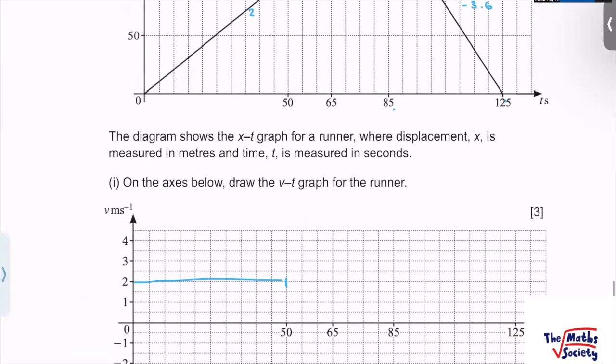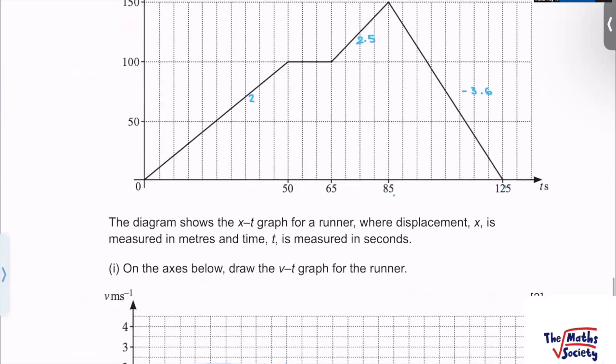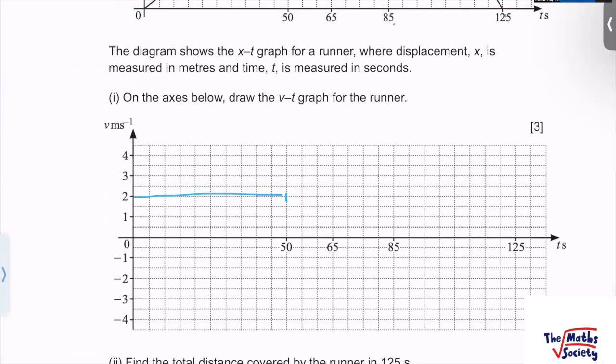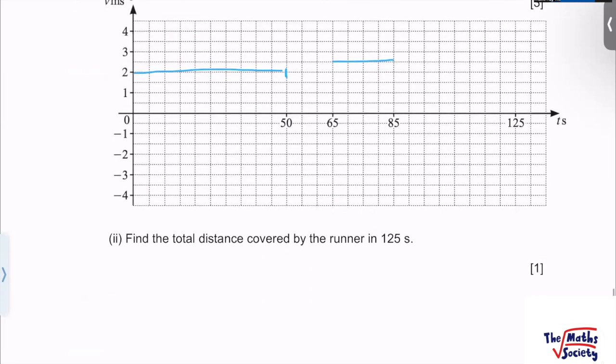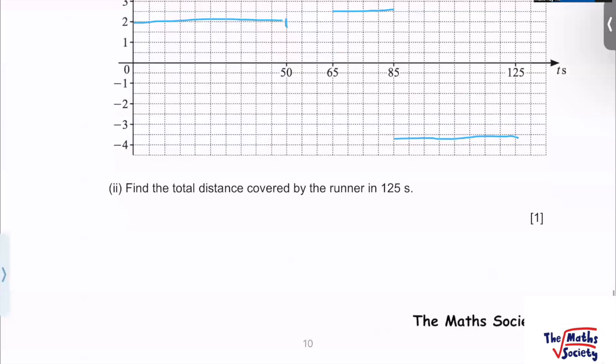Then from 65 to 85 is 2.5. And here it's going to be minus 3.6. Yeah, so it has to be a straight line.